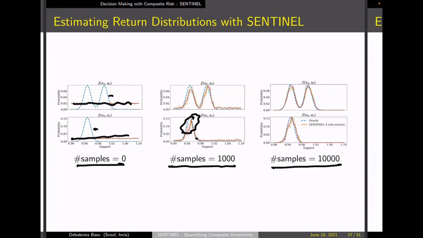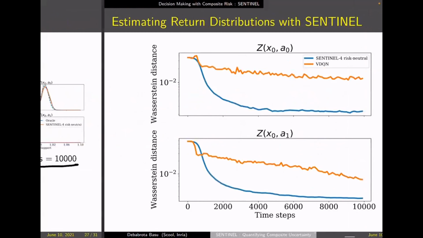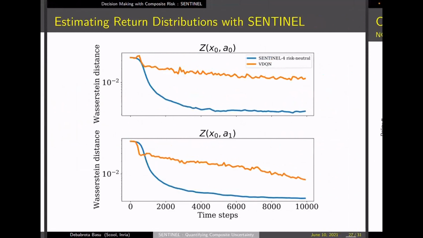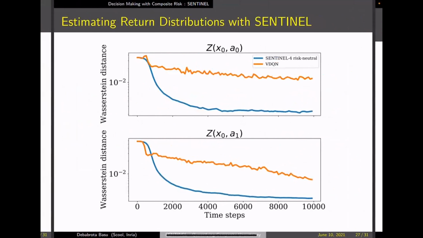Ensembling quite erroneous return distribution approximators, CDQ altogether, gives us a proper estimate of the return distribution. And we see how well this works: the Wasserstein distance between the already known analytical distributions of Z A1 and Z A2.